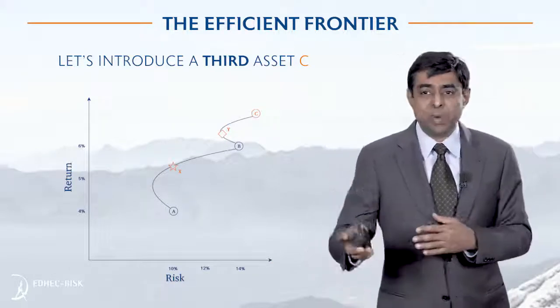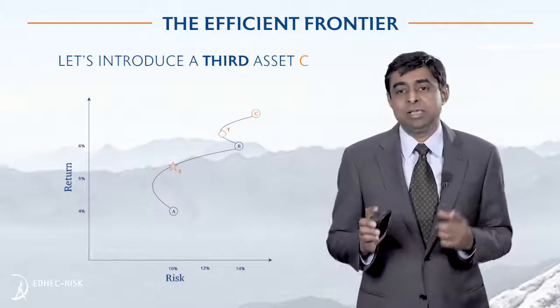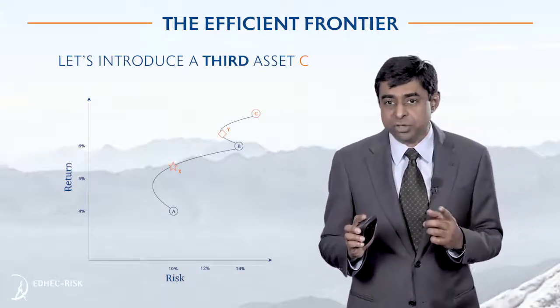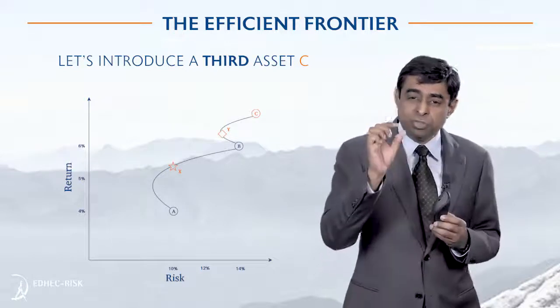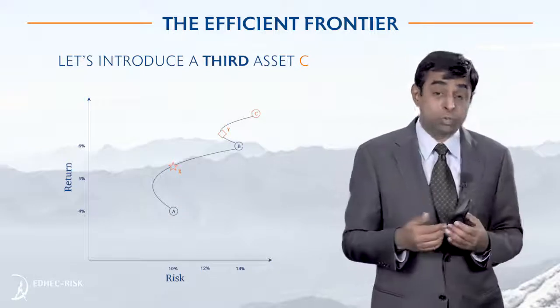All we've done is add a new asset, so you think, okay, well, all I got is a new curve. But there's actually something very interesting going on here, because if you think about X now as an asset, after all, it's a portfolio, which means it's an asset.